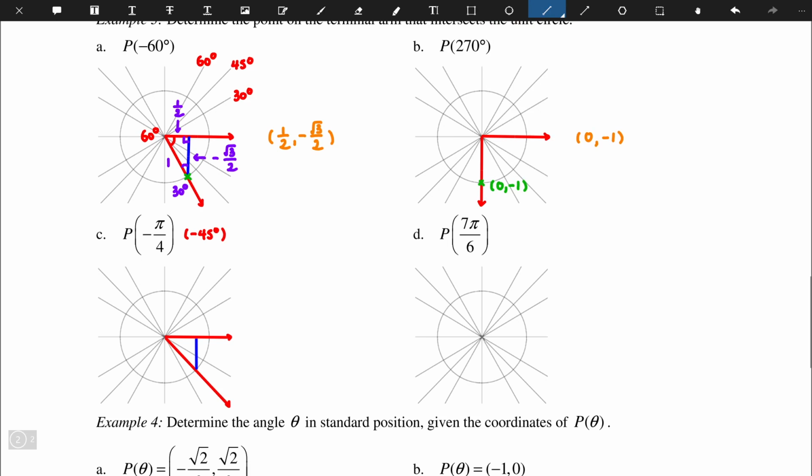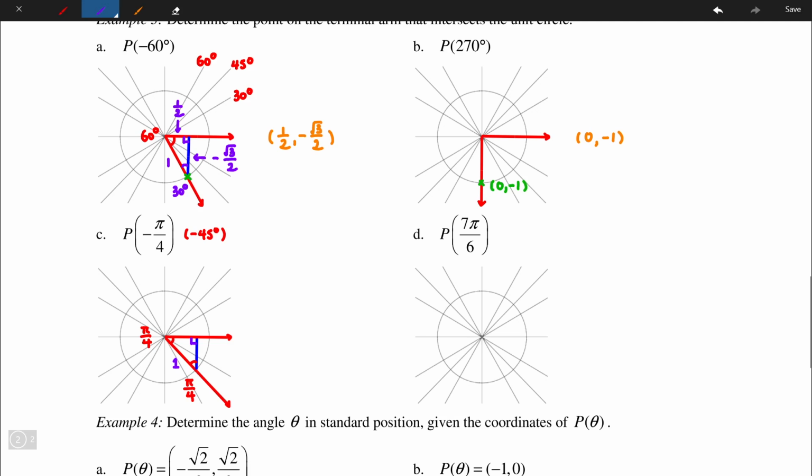I'm going to draw this side here. And so the idea here is this is going to be 1, once again, just like before. The angles here are pi over 4, and this other angle is pi over 4 as well.